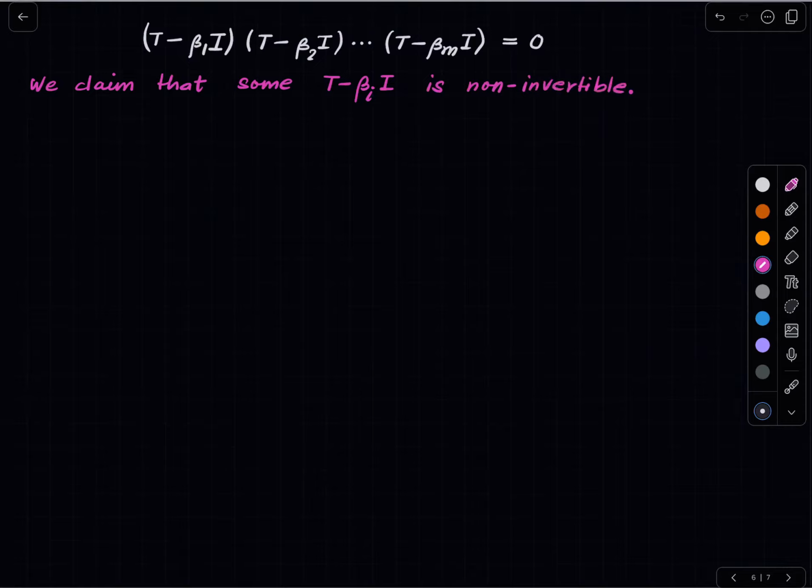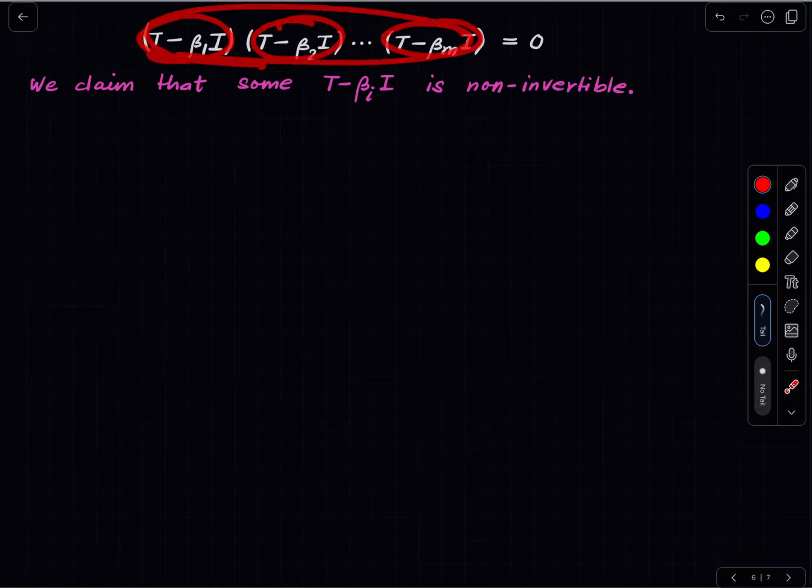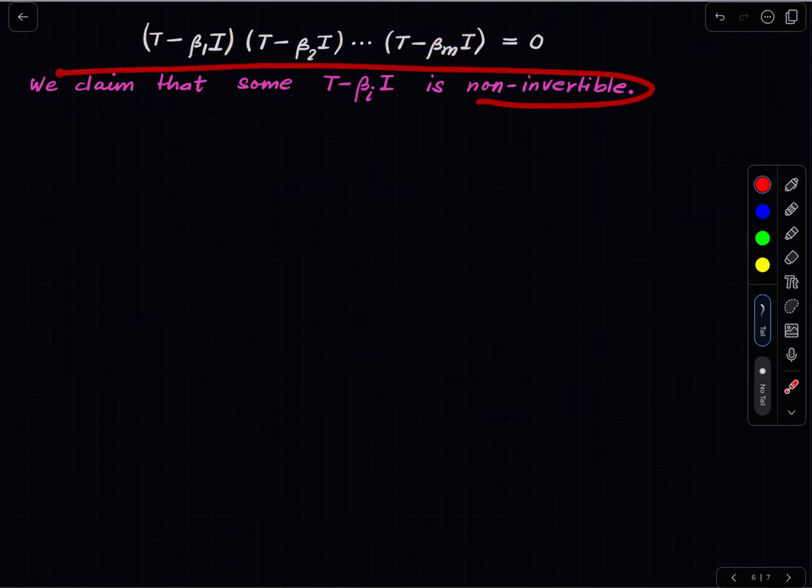So what are we saying? We are saying that amongst all of these endomorphisms, at least one is non-invertible. Why is that? If all of them were invertible, then this composite would be invertible. But an invertible endomorphism on a vector space of dimension at least 1 cannot be 0. So that would be a contradiction. And that justifies this claim.